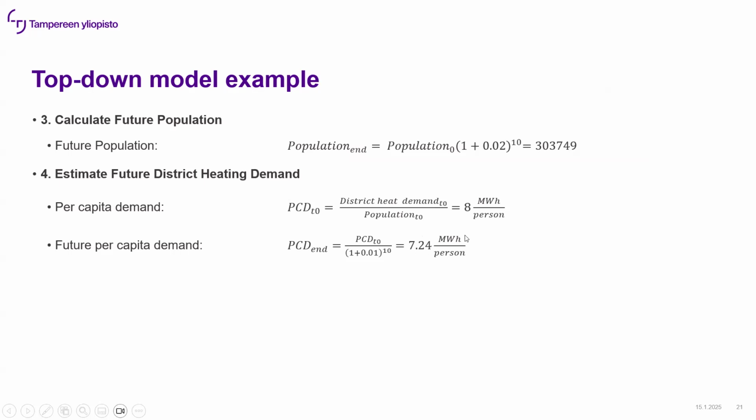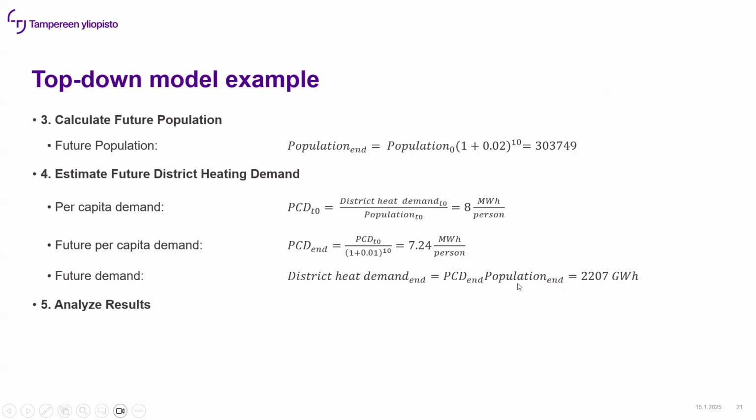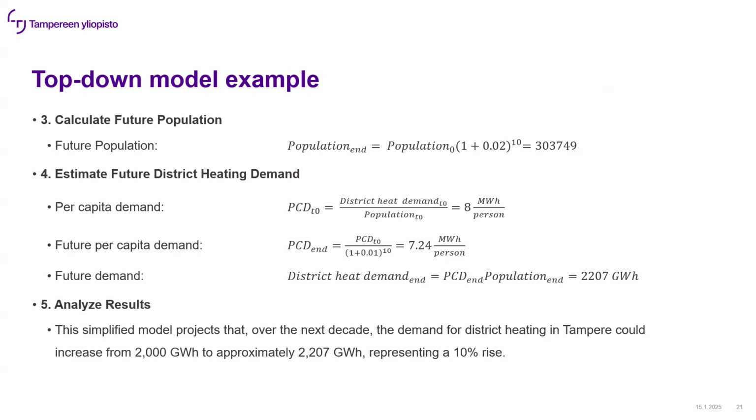We get per capita future demand, and then we can calculate the per capita demand at the end of the examination time times the population. So we get 2,207. So it means that there's roughly a 10% increase. So you have different submodels in there. You have different subtasks that you need to solve, but we're looking at things on a really general level.